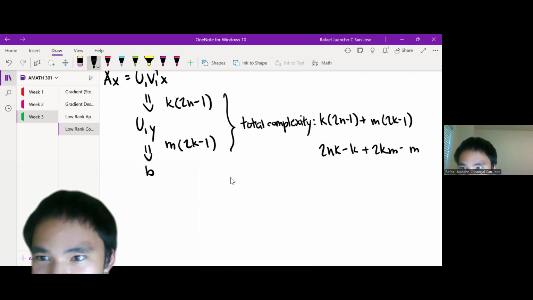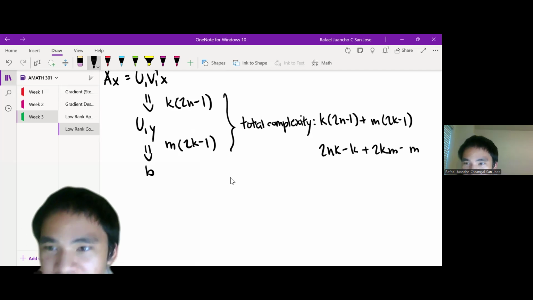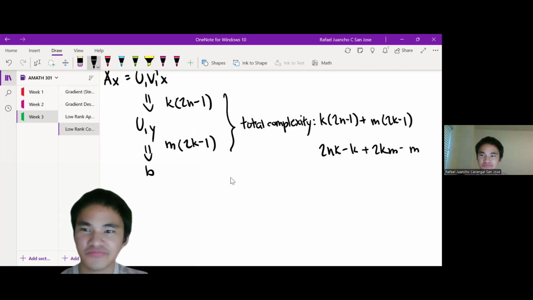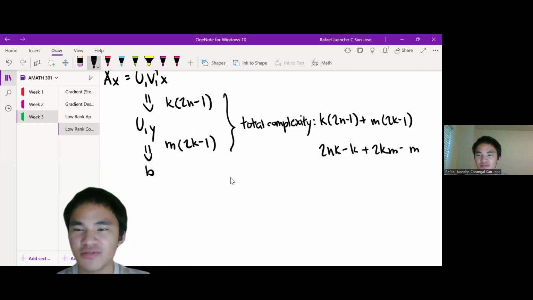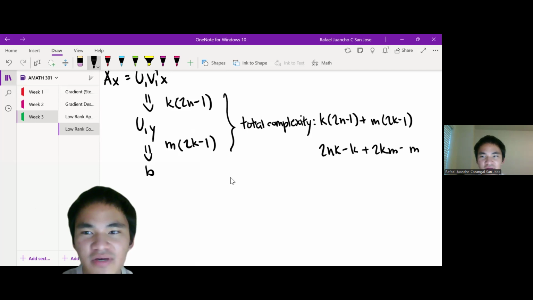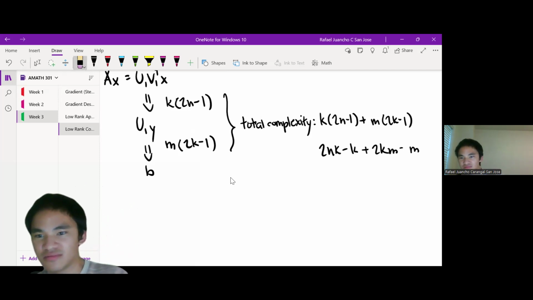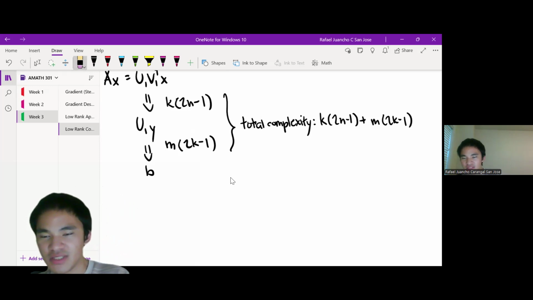Is this better? Well, it's not squared. Using an LU decomposition makes it better, I would say. But again, I'm still not super sure. It should be better though. This looks like linear complexity to me.